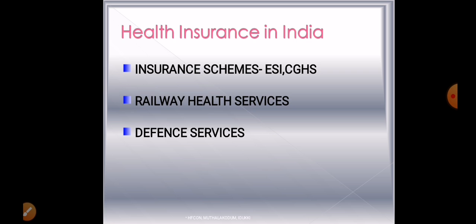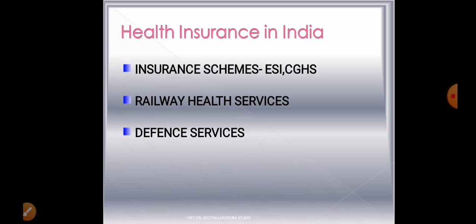Even in the defense, which comprises the army, navy, and Indian Air Force, these three sectors have their own hospitals and health services, like defense hospitals or command hospitals. They also have primary, secondary, and tertiary levels.